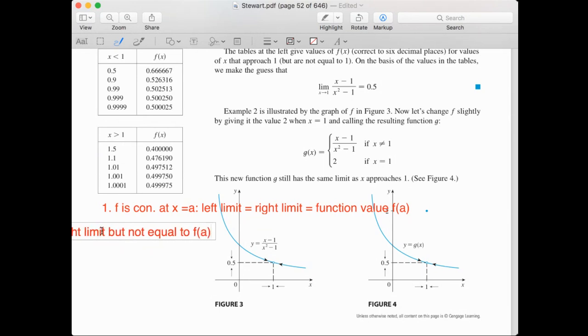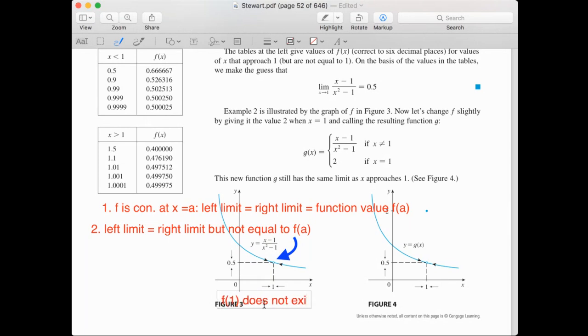I'm going to use the same setup as the first one. That's this situation. You see the function value f of 1 is not there. We won't be able to talk about f of 1. f of 1 does not exist.